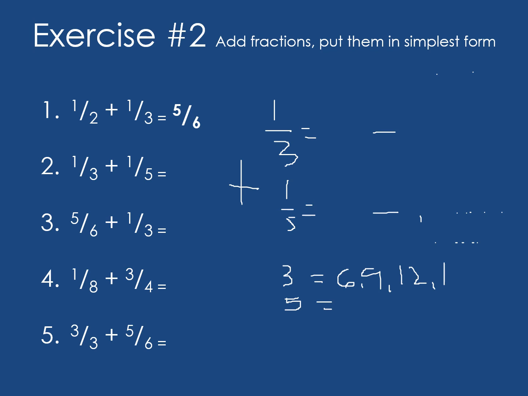So try to stop here at 15 because you can already see it. When you skip count by 5, it is 5, 10, 15. So you can already see the common number. So what is now the common number for 3 and 5? The common number is 15.